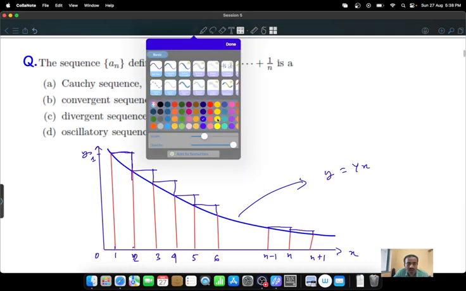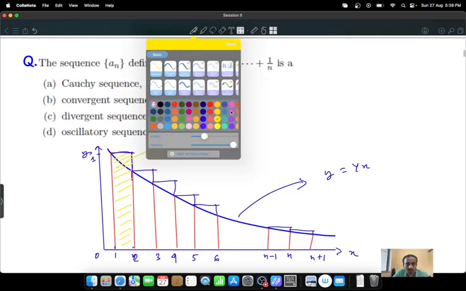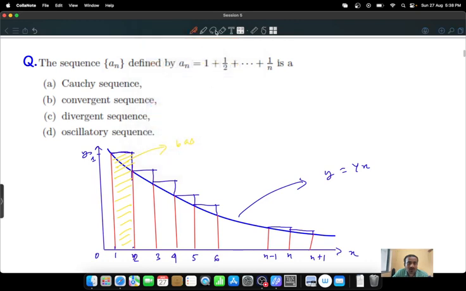Okay, so now I have drawn a rectangle. If you look at the rectangle, what is the area of this rectangle? The area of the rectangle is base times height.